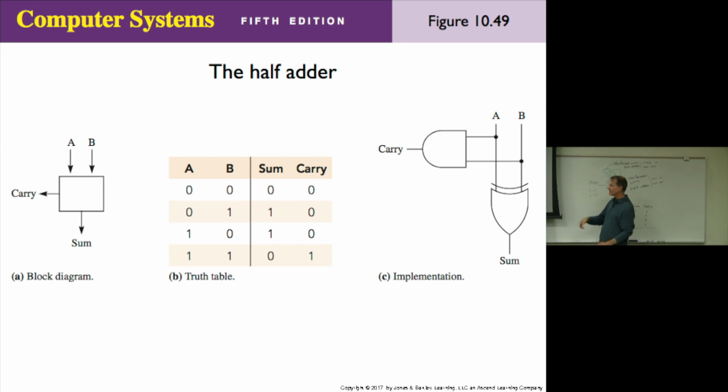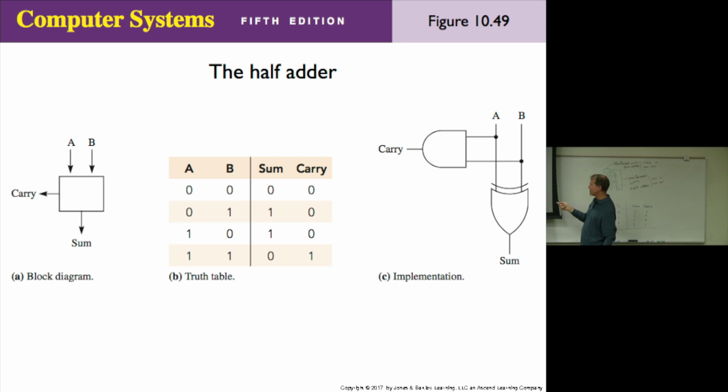Notice in this block diagram the inputs A and B come from the top, the sum comes out to the bottom, and the carry goes to the left. Why is the carry going to the left? Because there's going to be another circuit over here, and this carry is going to be the input of the next full adder. Are you with me on that?